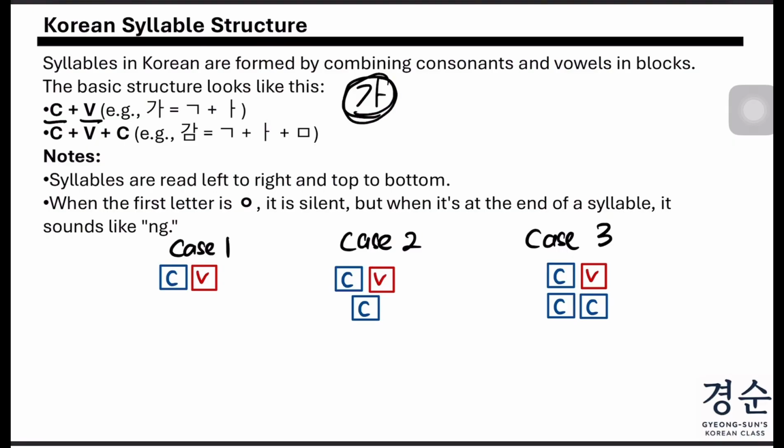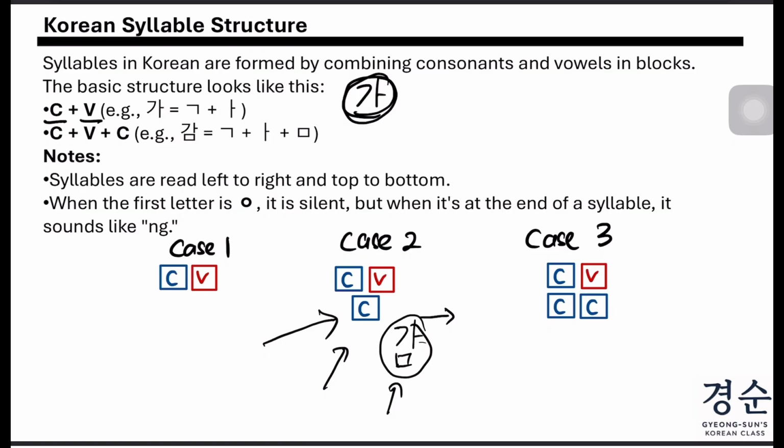And in another case, you have two consonants and one vowel, which is case 2 here. For example, K, A, M. You cannot go further on the right-hand side, so you add one at the bottom. Please check this pattern. This K-A-M sounds like come.